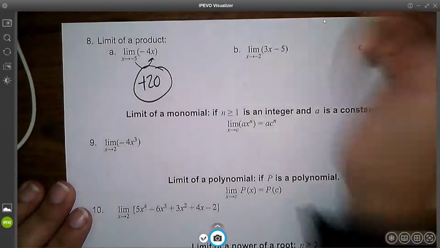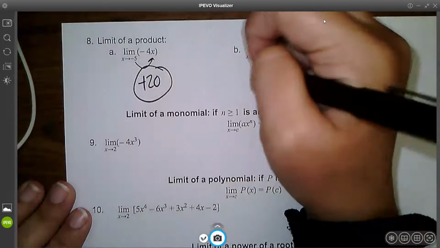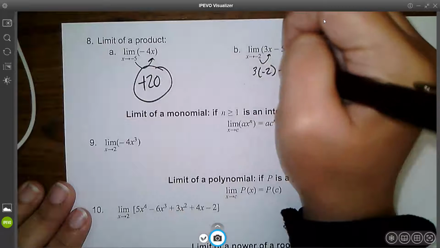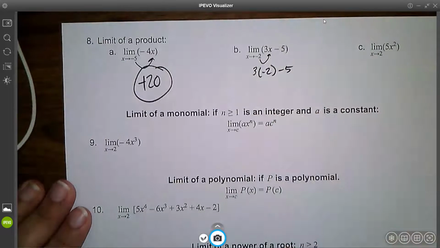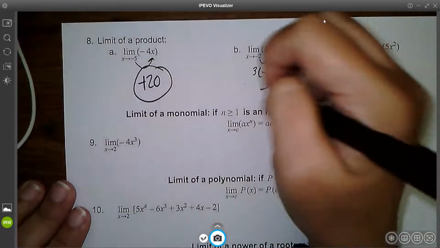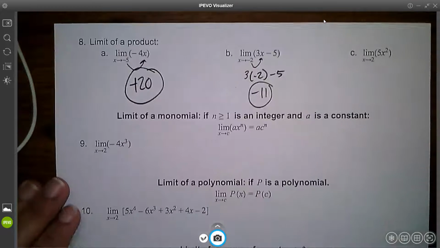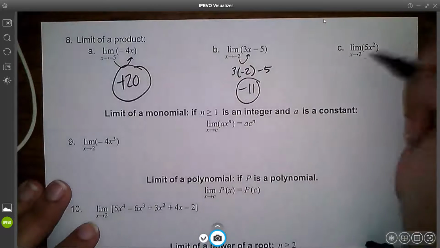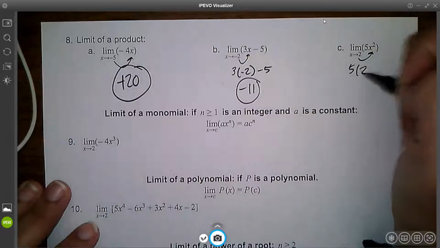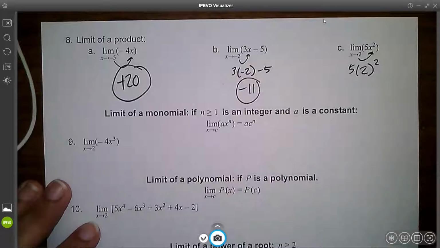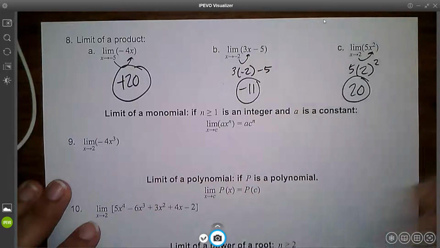Well, the next one, we're plugging in that -2, so I have 3 times -2 minus 5. 3 times -2 is -6, minus 5 is -11. And then here I have 5 times 2 squared. 2 squared is 4. 5 times 4 is 20 again.